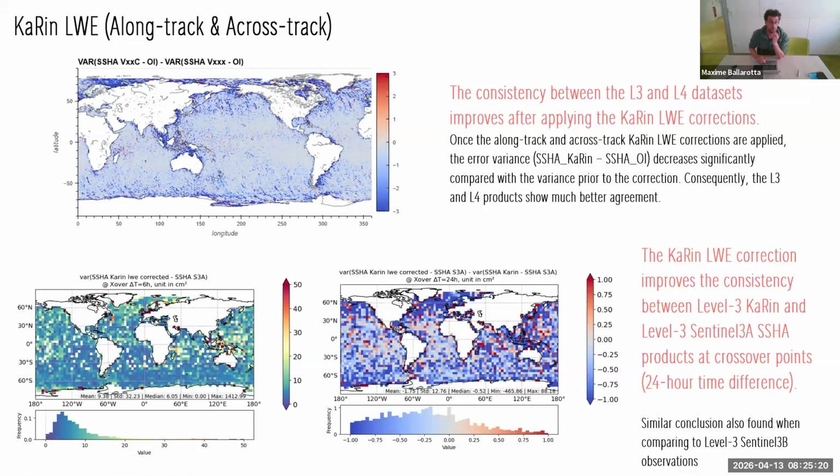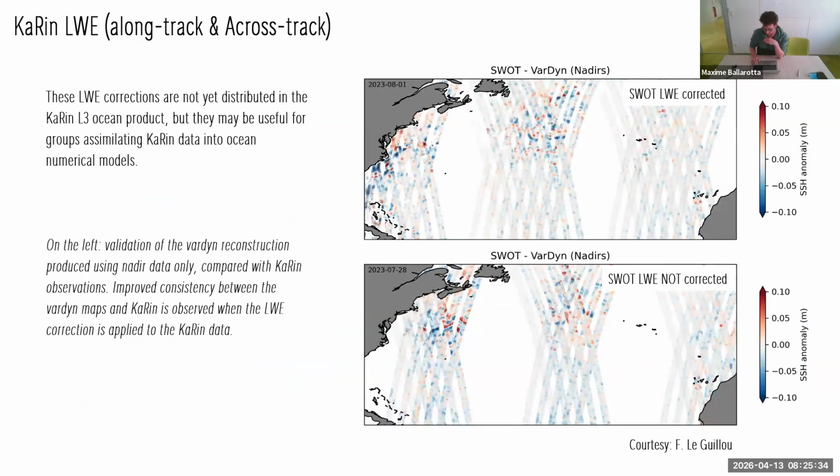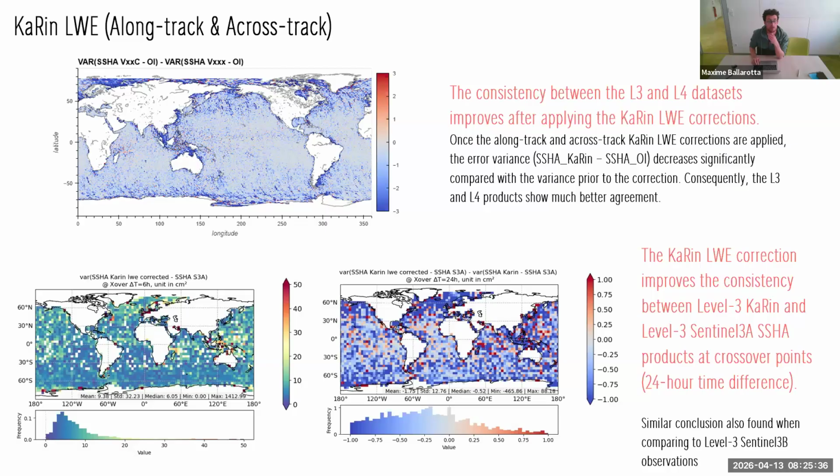That's the variance of the difference between the level 3 Karin dataset, after we apply the long wavelength error correction, and the sea level anomaly, minus the variance of the difference without applying this correction.